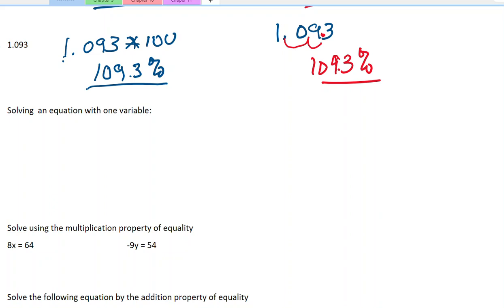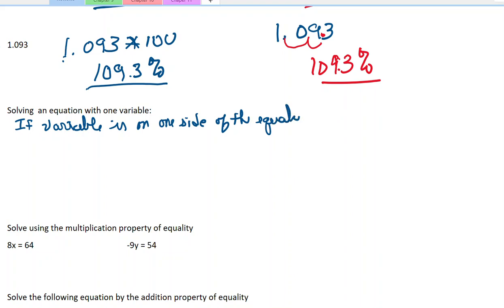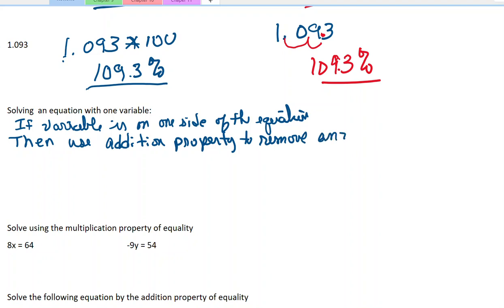And we talk about the fact that the variable is on one side of the equation, then use addition property to remove the number with it, to isolate the variable.